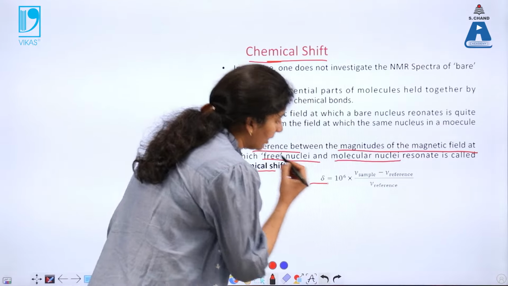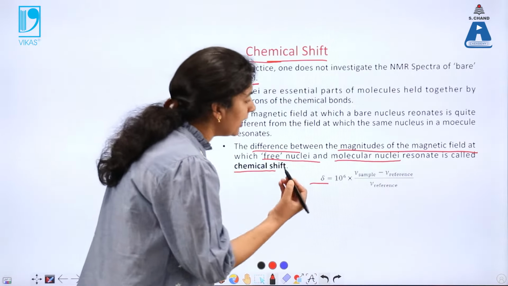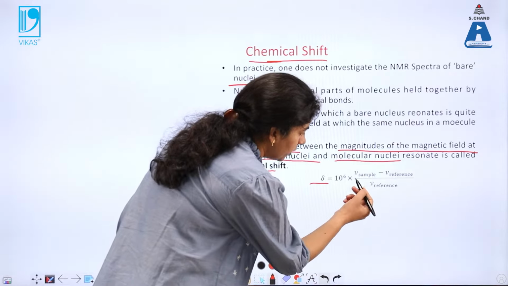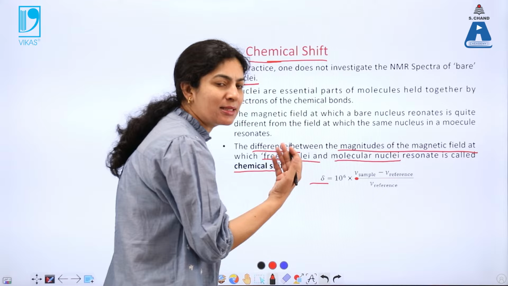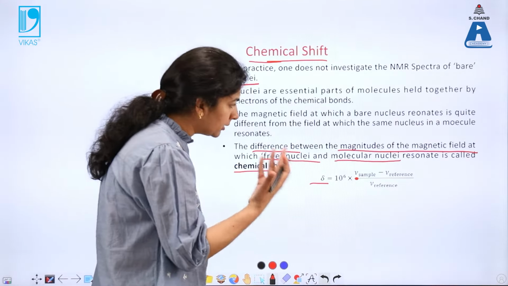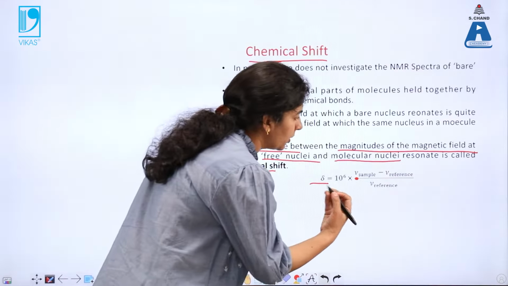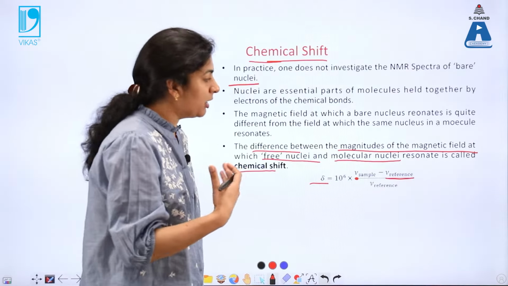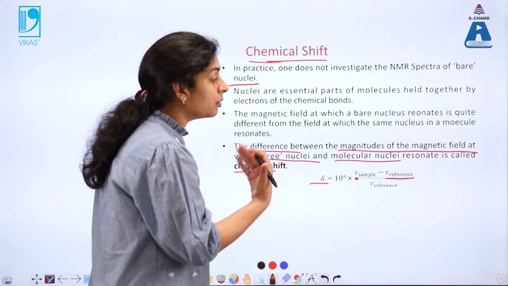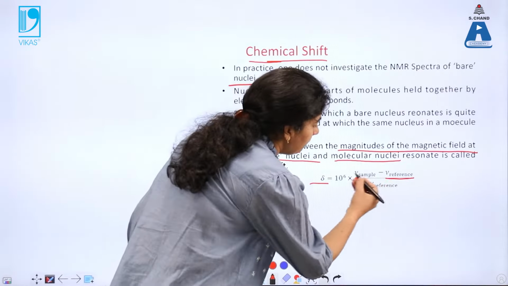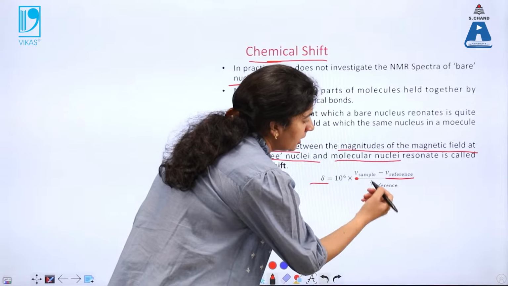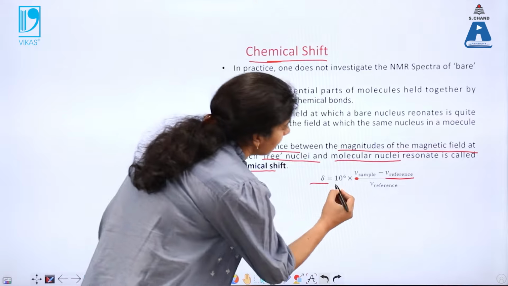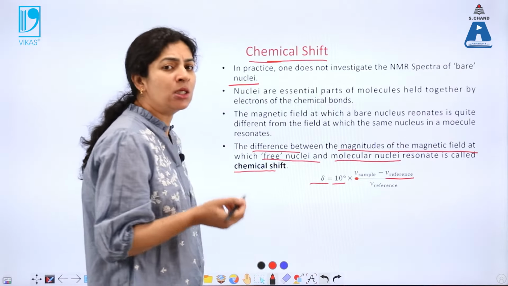We denote it by the symbol delta, and it is numerically equal to the difference of the frequency at which the sample, our target sample of which we want to record the spectrum, and the reference absorb. Here, by reference we mean the bare nucleus. The difference of the two is divided by the frequency at which the reference absorbs, multiplied by 10 raised to power 6.